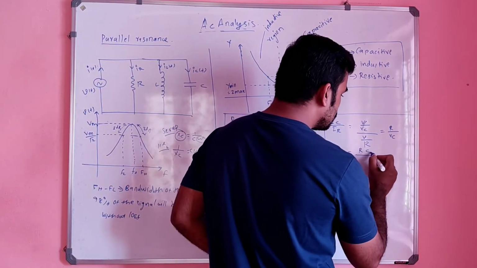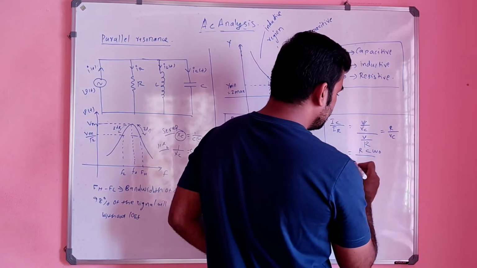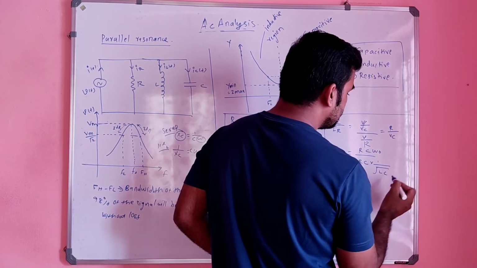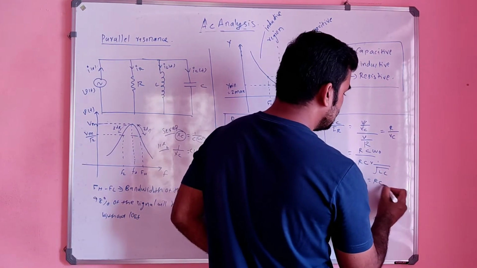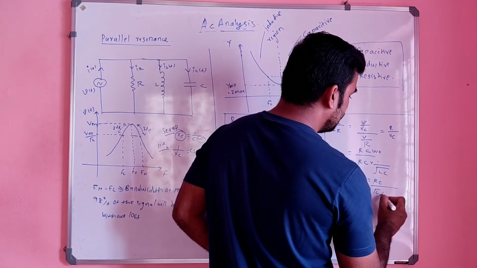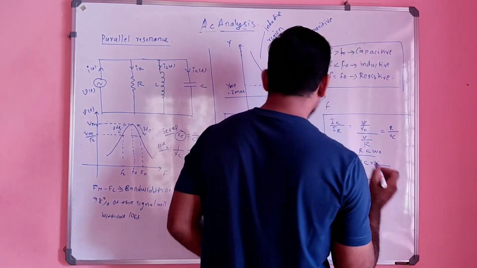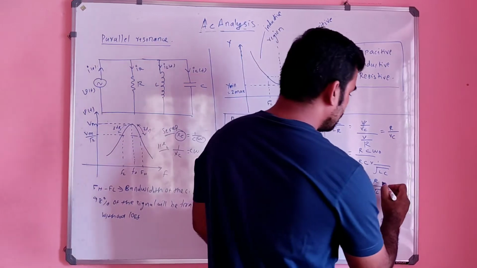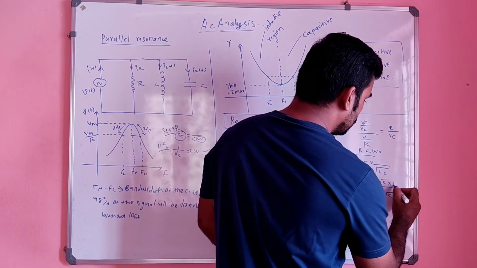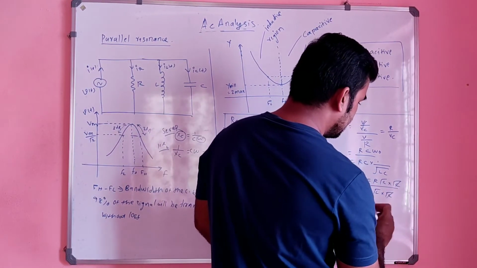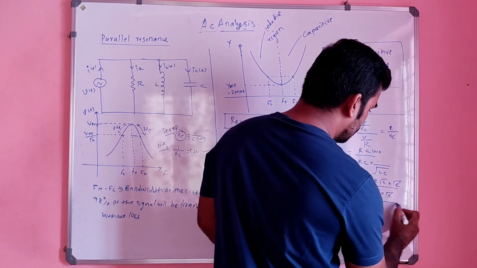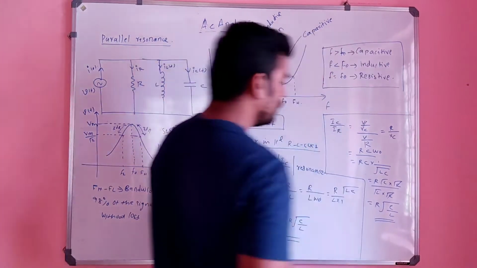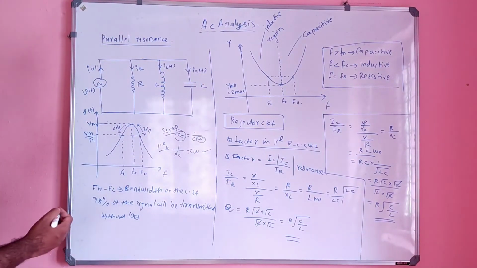1 by C omega means R into C into omega 0, which is nothing but RC into root of LC, right? So it will become RC divided by root L into root C. The same C can be represented as root C into root C. So C and C get cancelled, and it will become again R root of C by L. The same equation you can find there also.